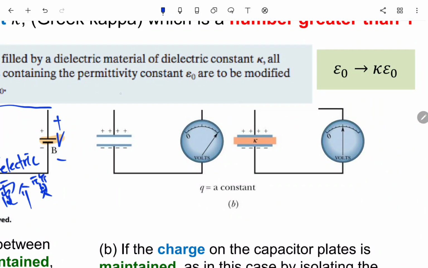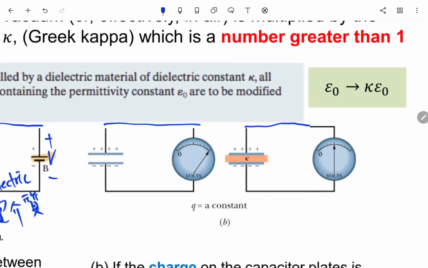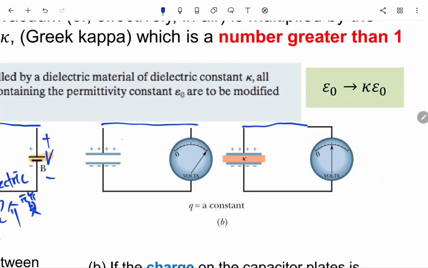For the other one, first we try to charge the capacitor. Q equals CV here. This is plus Q, minus Q, and then V. Then we try to disconnect the battery.